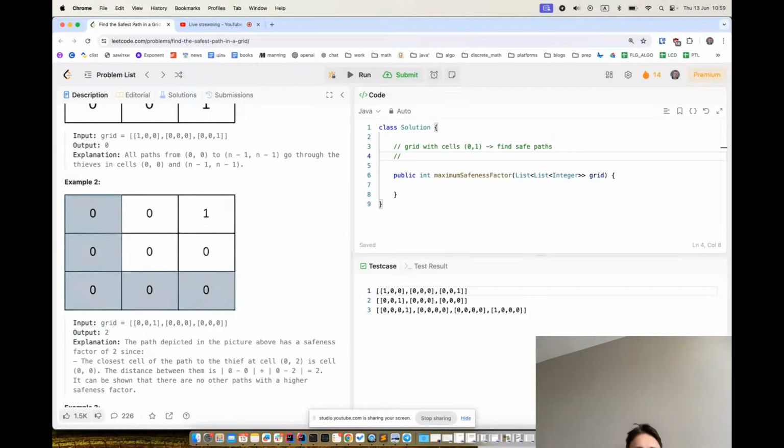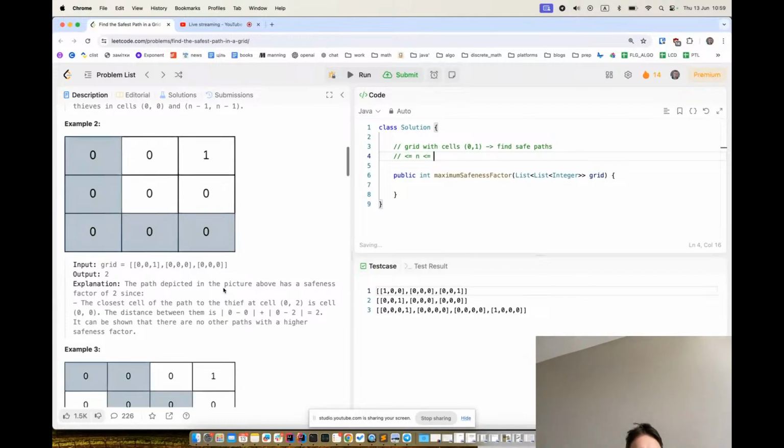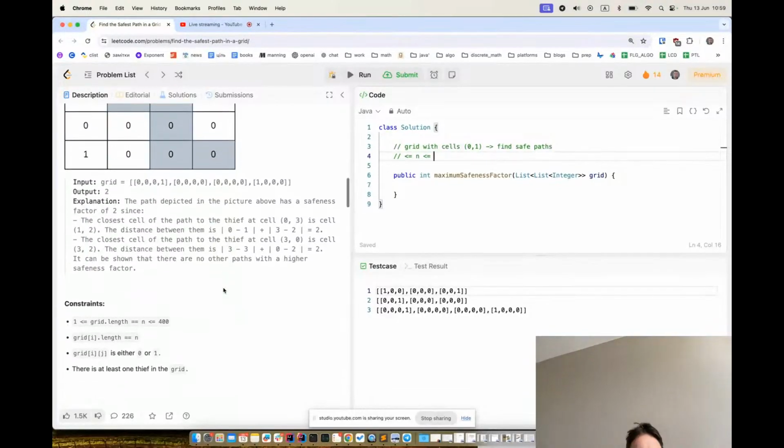So first of all, I'm interested in the ranges of my grid. And the range is from 1 to 400. And if it's 400, I have 40,000 cells.